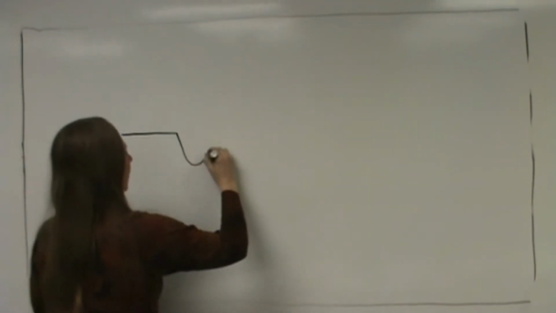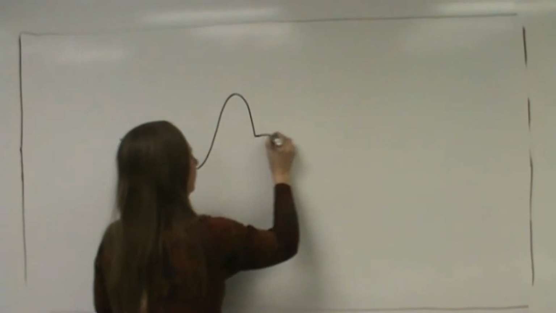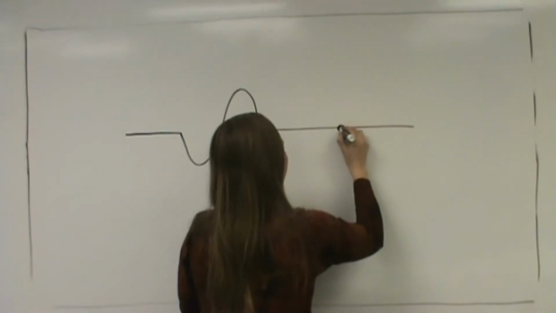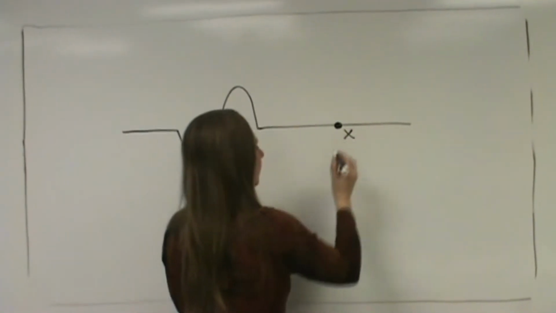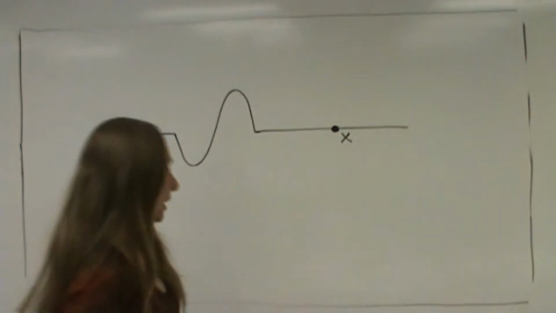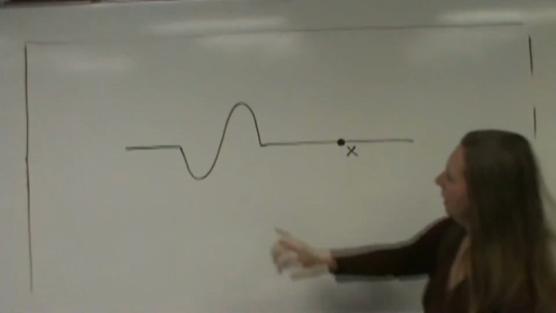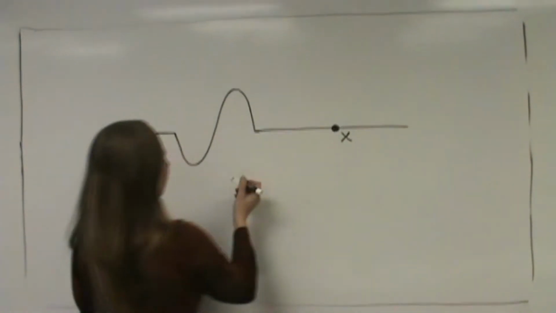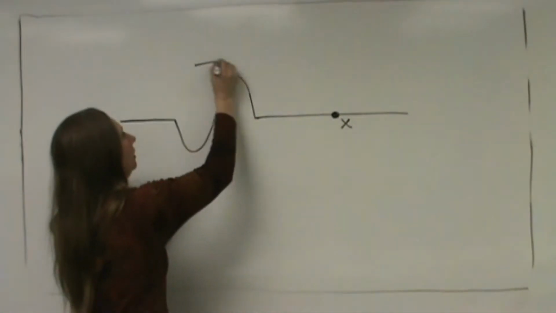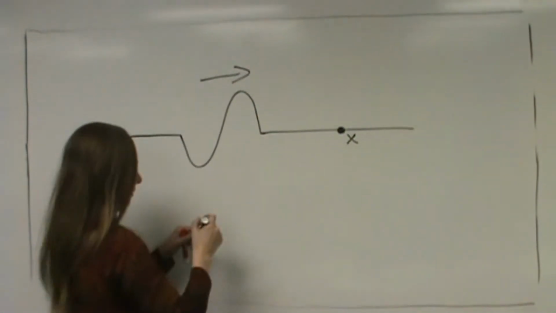And we'll call this one point X. And we'd like to know, as this pulse, traveling in this direction, passes by point X, how does point X move?